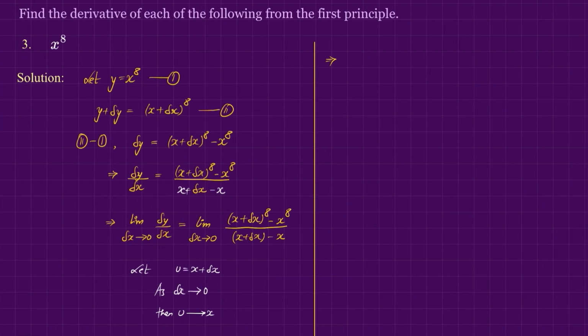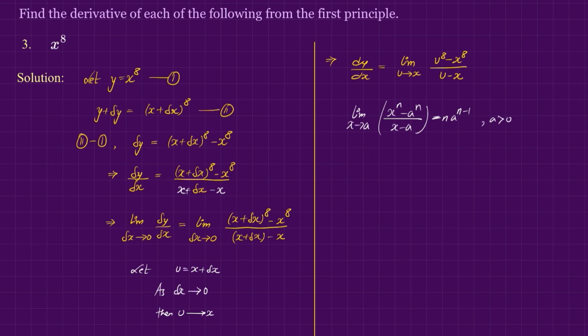So it will be dy by dx equals the limit as u tends to x of u to the power 8 minus x to the power 8, whole divided by u minus x. The formula is: limit as x tends to a of (x to the power n minus a to the power n) by (x minus a) is n a to the power n minus 1, where a should be greater than 0.